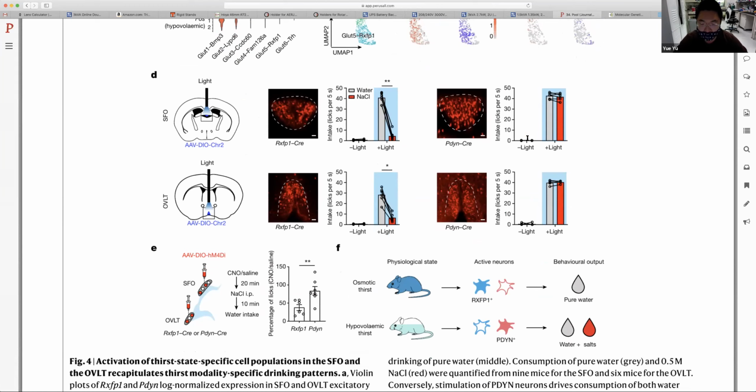Whereas for the pyronorphin mice on the right, when they activate these neurons, water and salt solution consumption both increased dramatically. So that represents the hypovolemic condition.